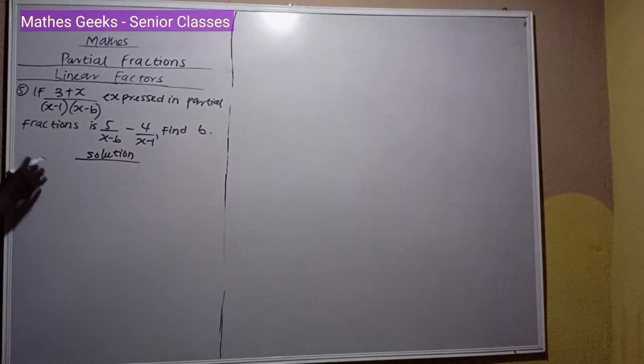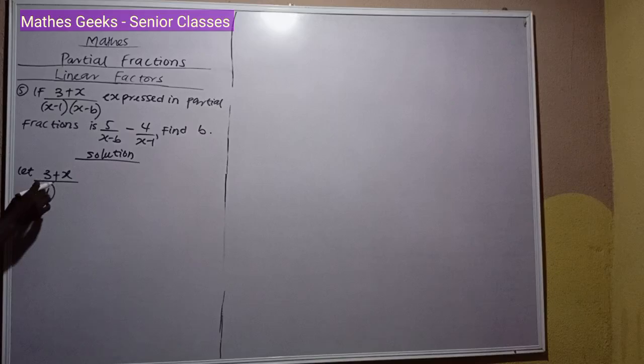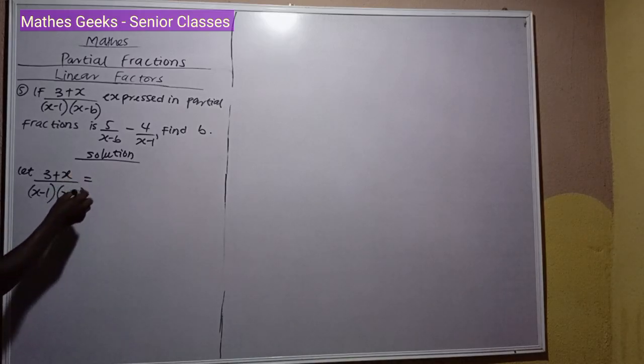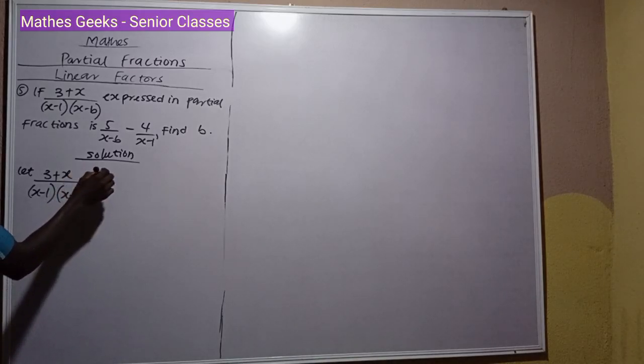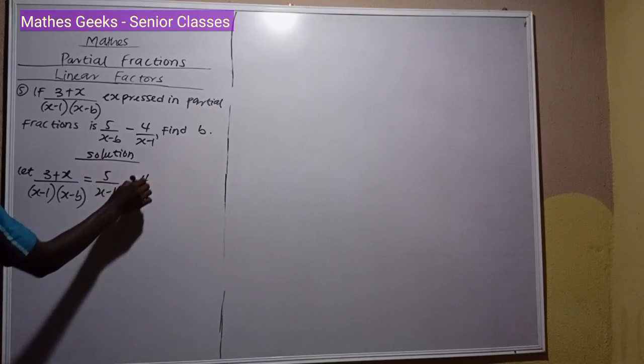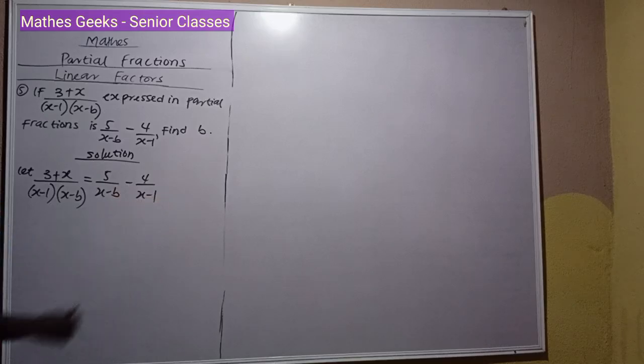Okay, so 3x equals x. X minus 2 equals 5 for x minus 1.